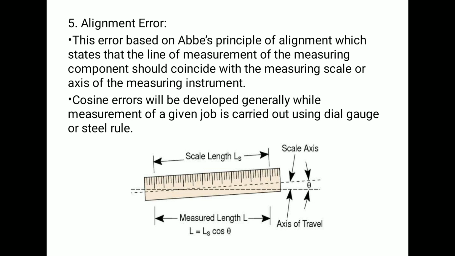So due to misalignment, there is a small angle theta between the measuring scale axis and the axis of the measuring instrument. So it is going to cause a cosine error.